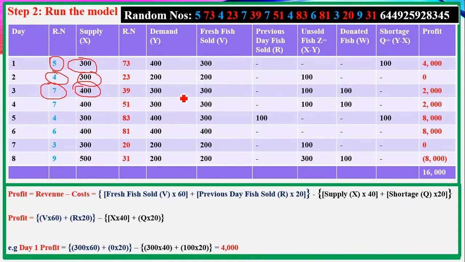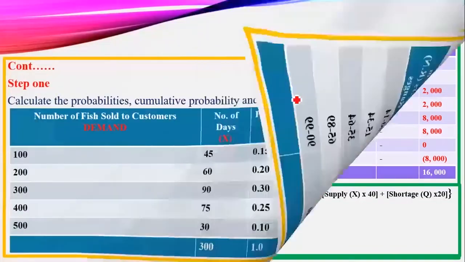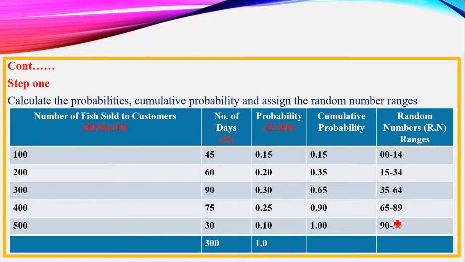Then we go to the other side, the side for demand. We go to the demand side. So to get the demand, you check the random number here is 73. So you check, where does 73 fall? The 73 is in here. So 73, that will be 400.